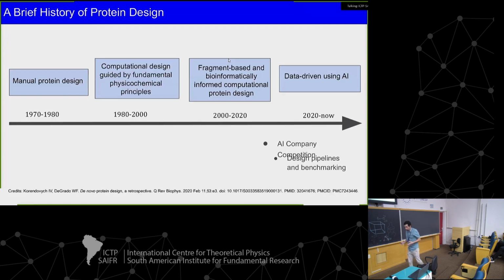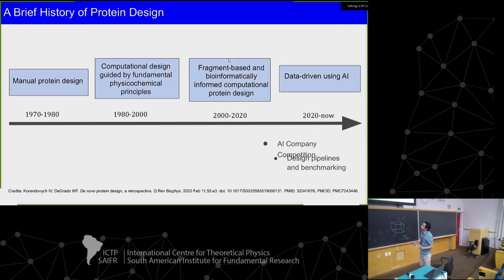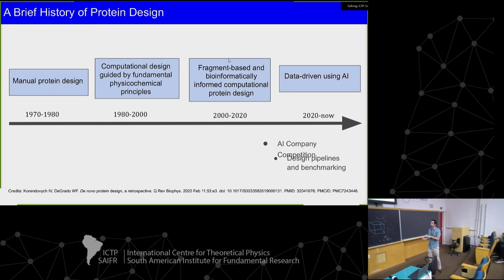So we can think about protein design in waves. The first wave is basically doing some manual experiments, trying to change some residues, trying to change some domains.